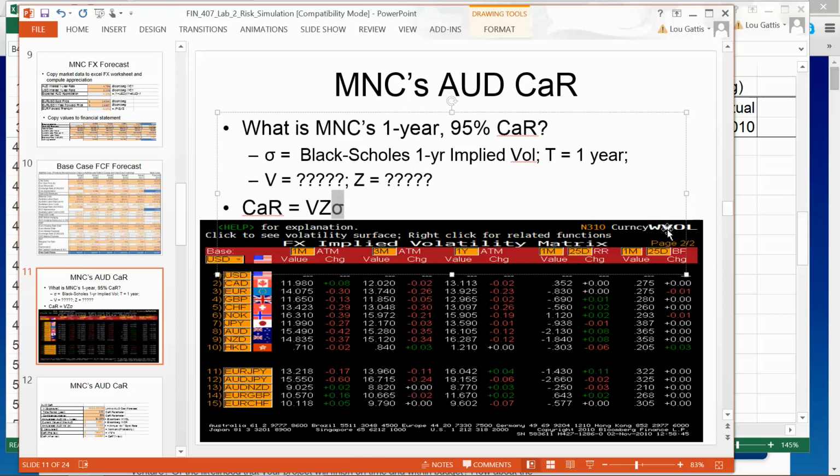So the biggest uncertainty then is what is the expected volatility of the Australian dollar? Well, I go to Bloomberg, go to WVol, which is the function that gives you the implied volatilities of currencies. Look at the 1-year at the money volatility and look at the Australian dollar. And you can see the 1 year at the money volatility is 16.105%.